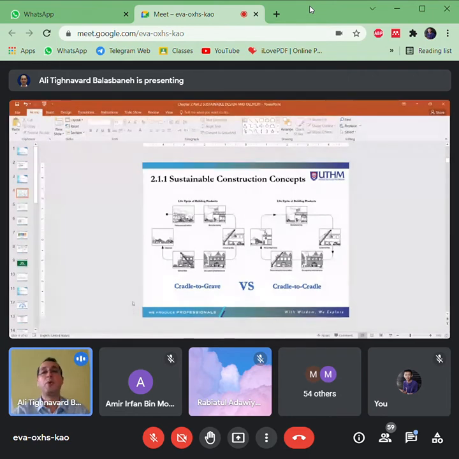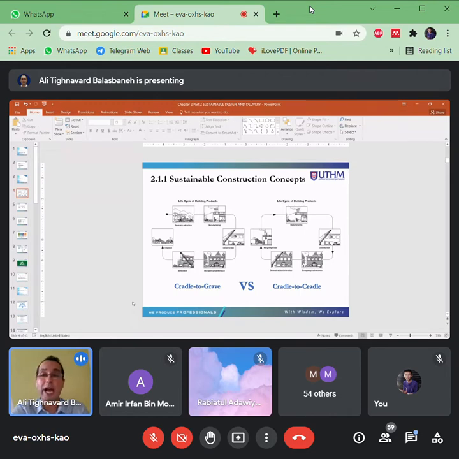So when we want to measure the emission from a building, the impact from construction, first of all, one of the main criteria that we have to know is the boundary of our research. The boundary can be defined as cradle to grave, as you can see on your screen, or it can be defined as cradle to cradle.